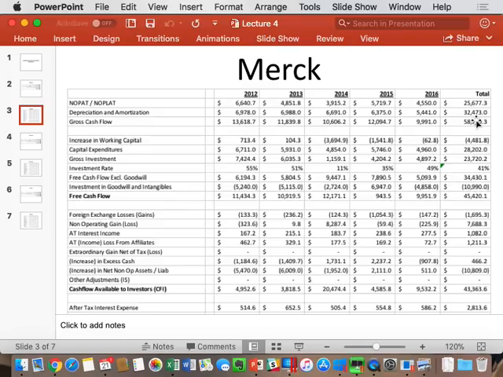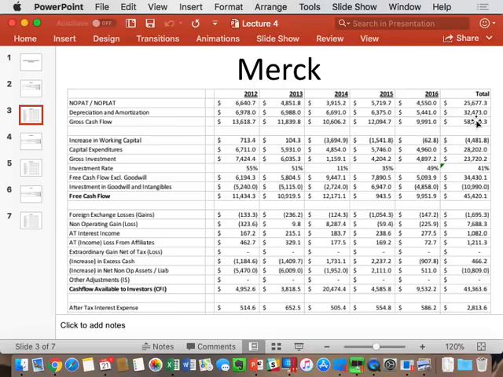Now, here is a rule of thumb. We talked about depreciation earlier. Depreciation is typically straight line. On a GAAP statement, it's straight line, which means if I have a 20-year plant, 5% a year is depreciation. So here's a rule of thumb.